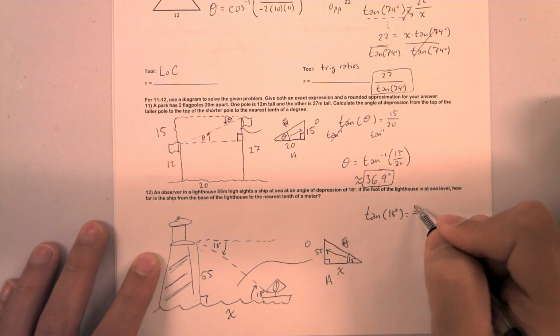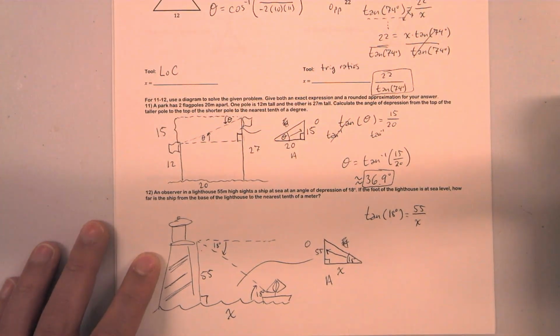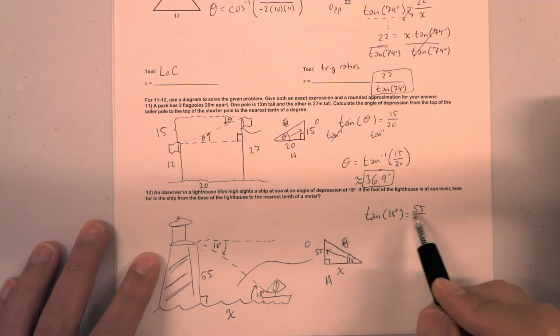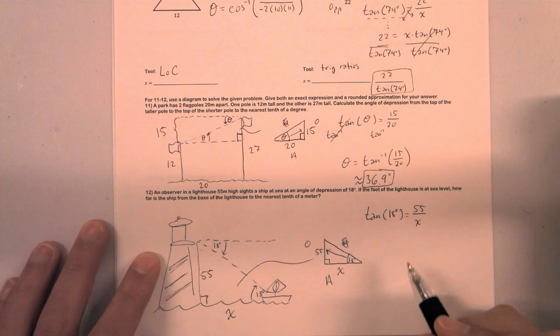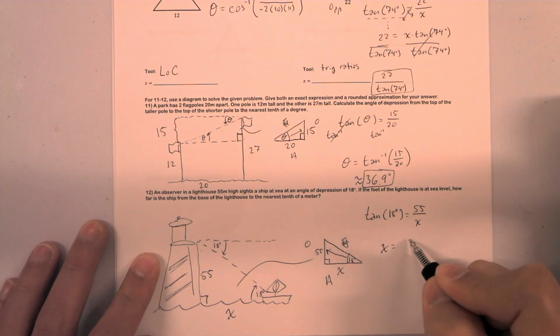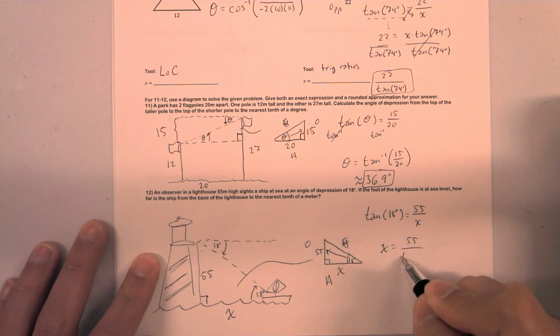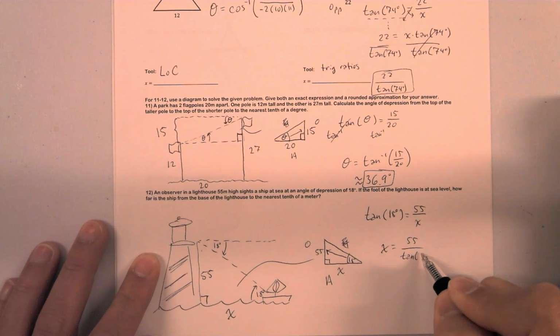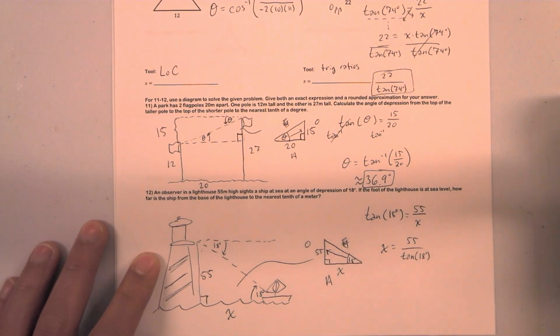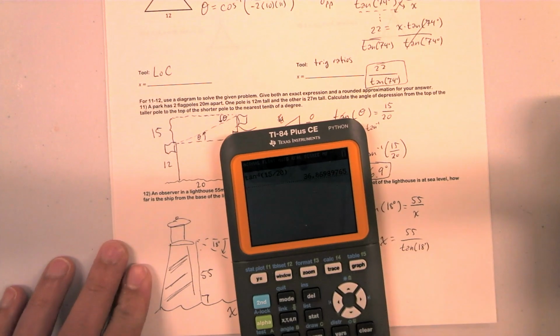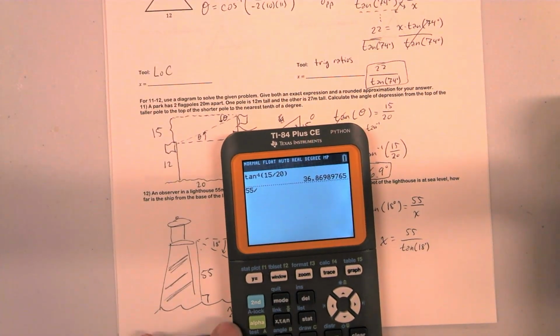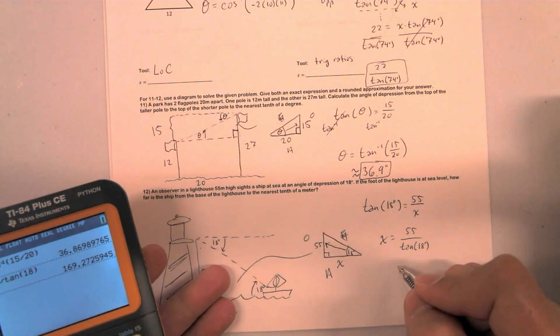O over A. And this works a lot like number 10, where I'm going to cross multiply, and then I'll divide both sides by the tangent of 18. So you get x equals 55 over the tangent of 18. Once again, in a modeling situation, it's appropriate to approximate this. About 169.3 meters.